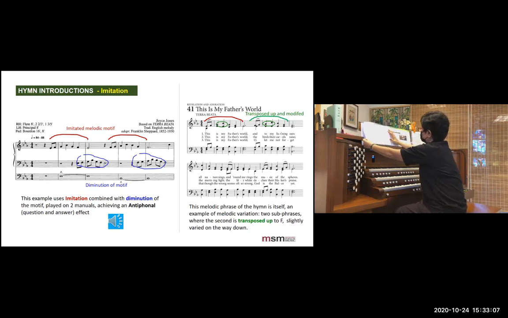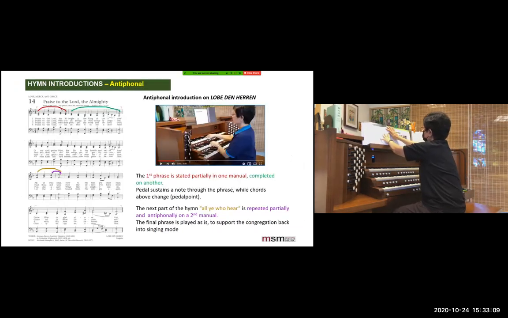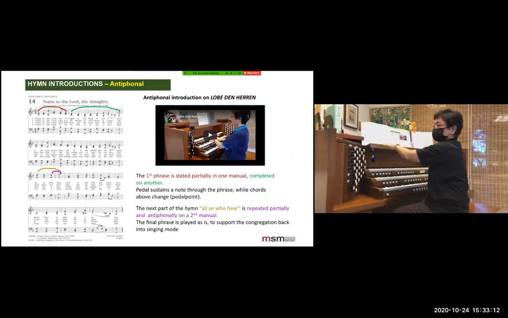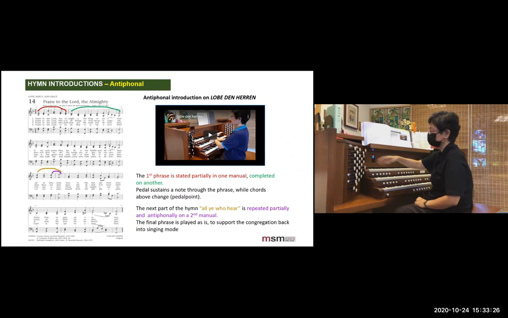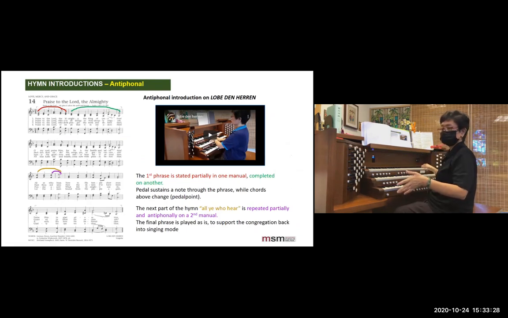Okay, so now we go to the next page on the antiphonal. This piece, because it's a happy song, you might want to use some trumpets. You can divide your introduction into various manuals.